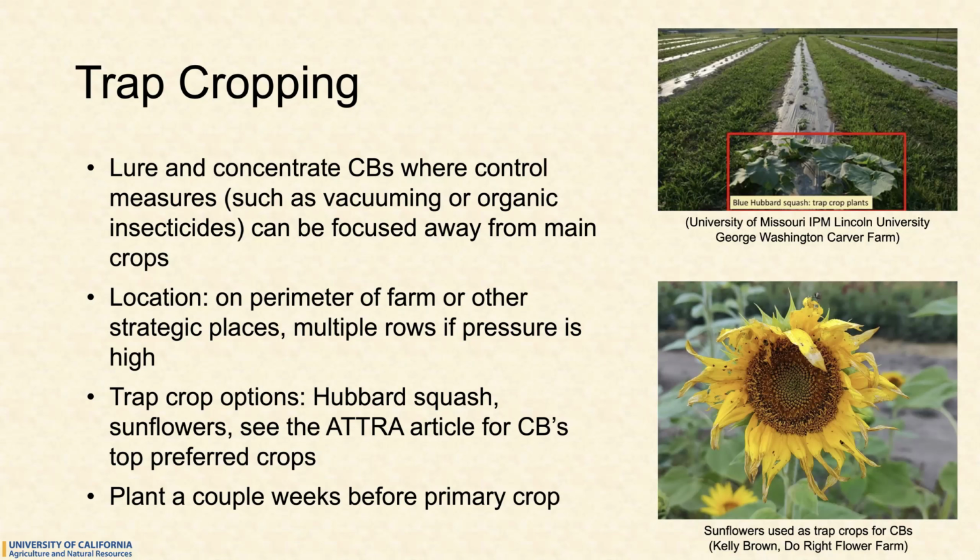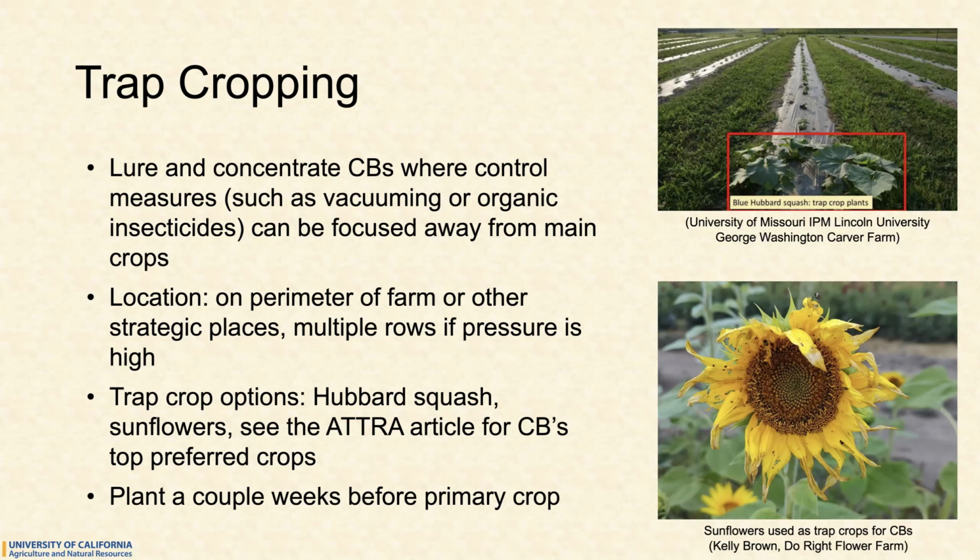Some options, like I mentioned, cucumber beetles love Hubbard squash. They also really love sunflowers. And that ATRA article I showed earlier for cucumber beetles has some of their top preferred crops there too, but these are just two examples. You might want to plant these trap crops a couple weeks before your primary crop. So you want these trap crops to be ready to go before your main crop, so cucumber beetles will gravitate towards your trap crops.